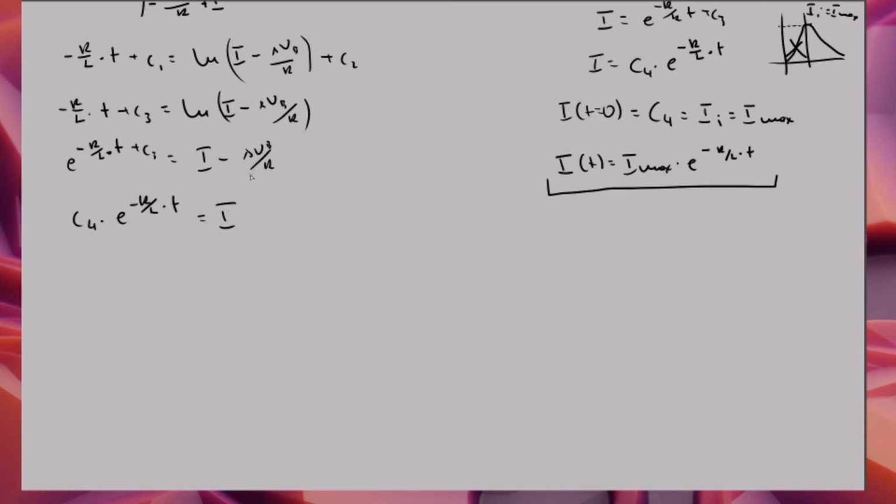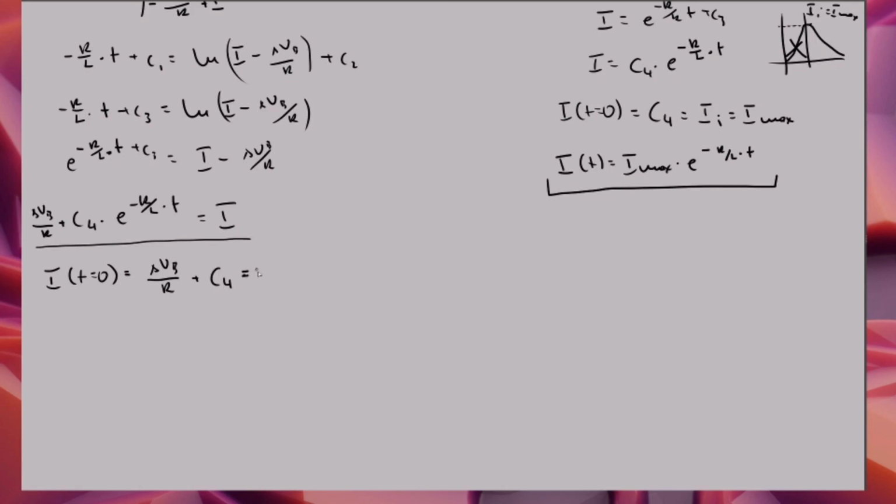I'll bring this thing to the other side so that I'm going to have here delta V at the battery over R plus all of that. And so I still have to figure out C4. So this is good, but I still have to figure out C4. So current at time t equals 0 is equal to delta V at the battery over R plus C4.